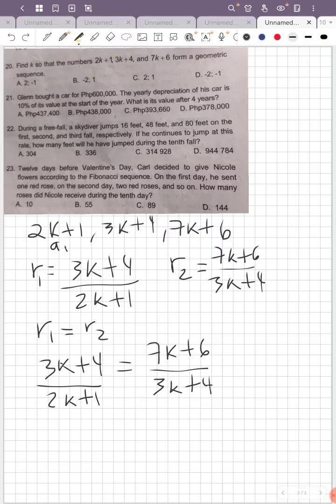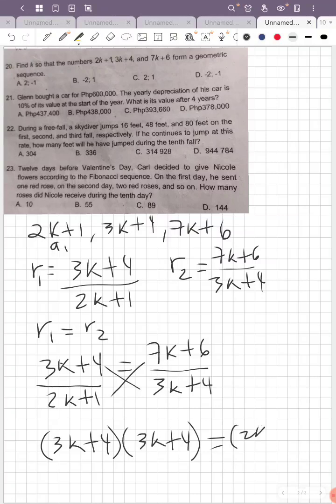So 3k plus 4 times 3k plus 4 is equal to 2k plus 1 times 7k plus 6. Let's rewrite this.